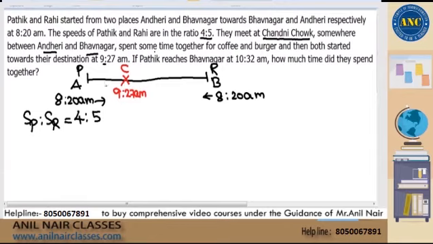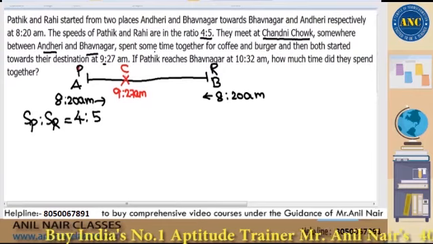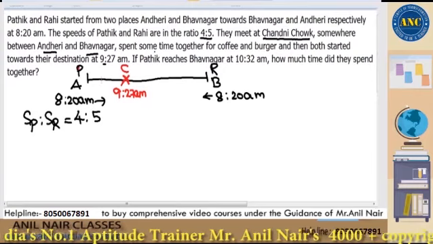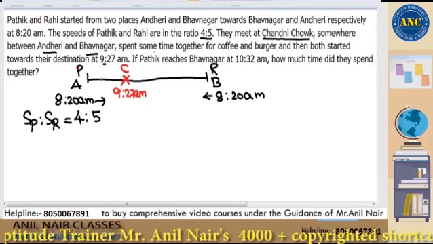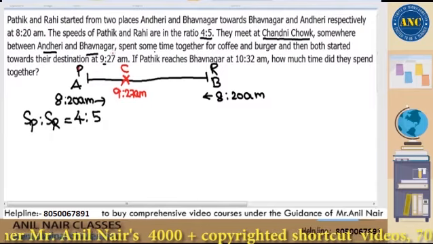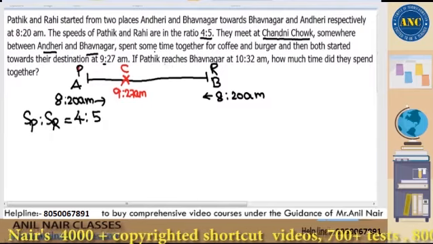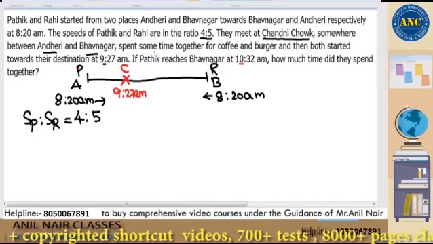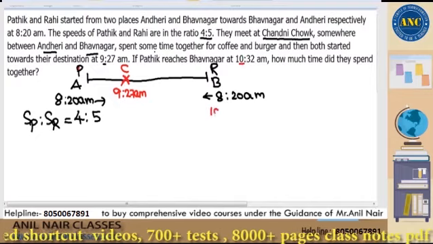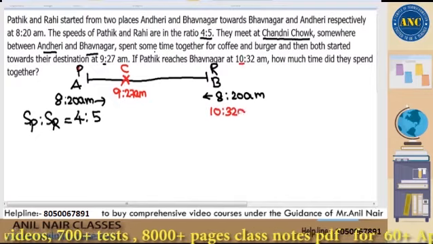That means Patik will start from point C at 9:27 towards Bhavnagar. Rahi will also start at 9:27 from point C towards Andheri. That is the meaning of this.